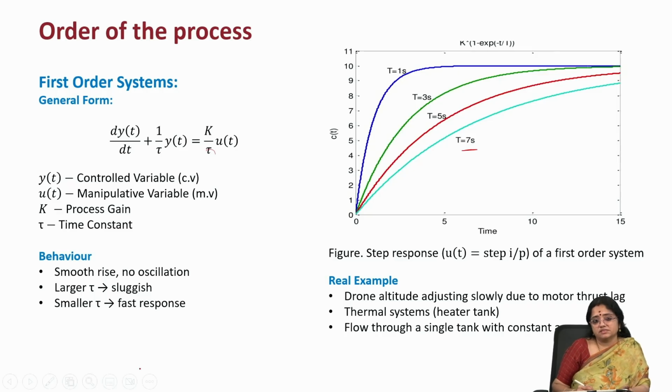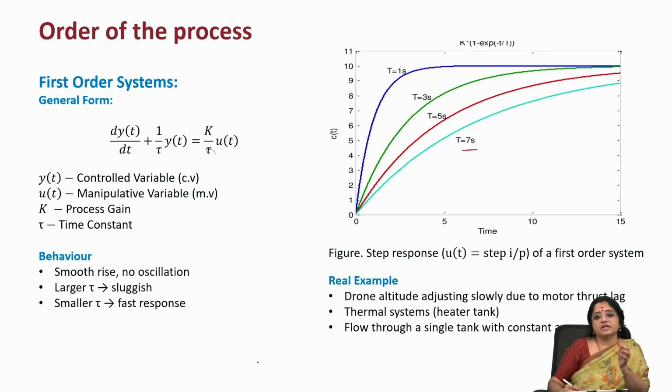In all first order systems, the response is smooth. The travel from the initial state to the final state is smooth, and there are no oscillations or peak overshoots. But depending on the heavier or lesser time constant value, the system behavior becomes slower or faster.